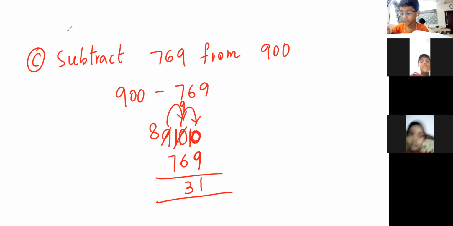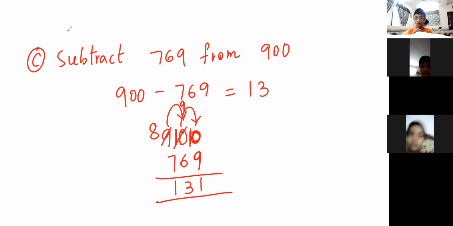Now coming to hundreds place, we have 8 minus 7. 8 minus 7 is how much? It's 1. So the answer is how much? 131.